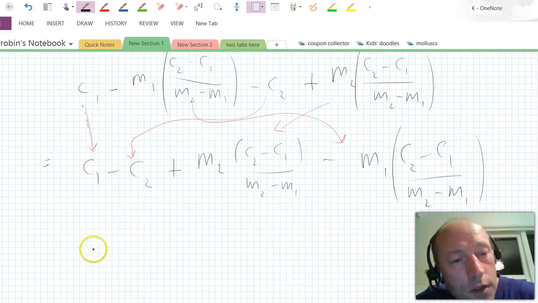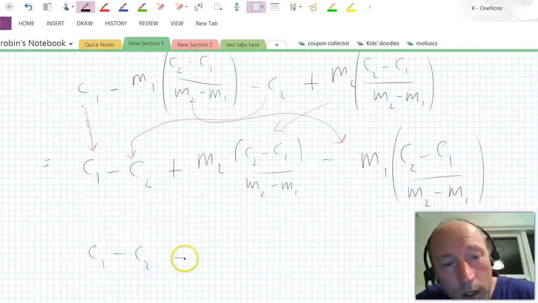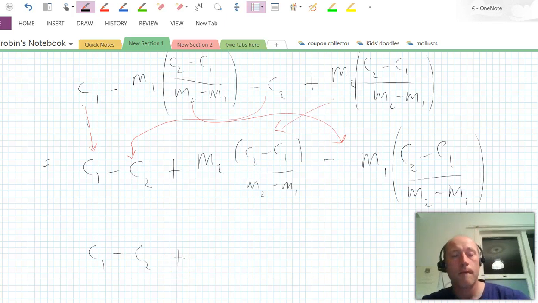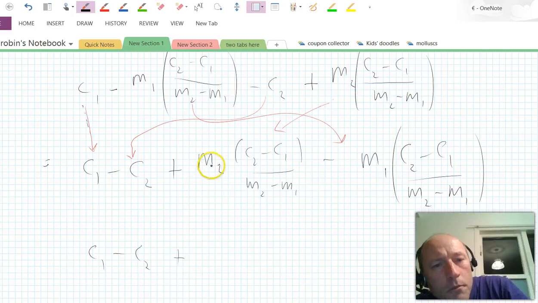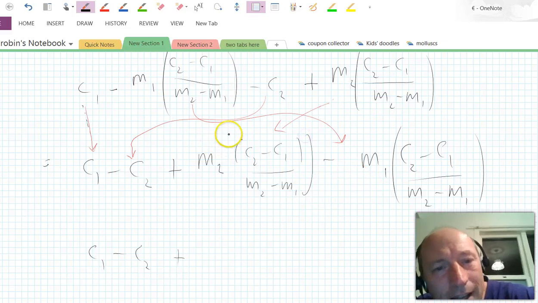Okay, so it's c1 minus c2 plus, well, we've got something peculiar here. We've got m2 times this c over m business, and we've got m1 minus the same thing. This thing in brackets here, it's the same for both ones.